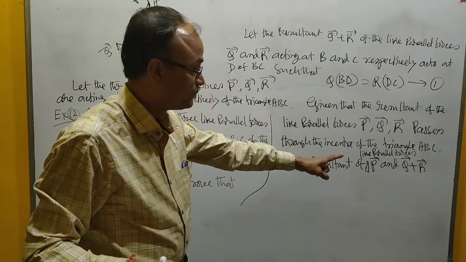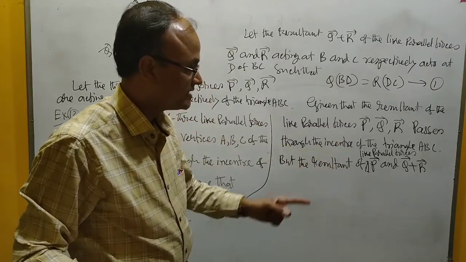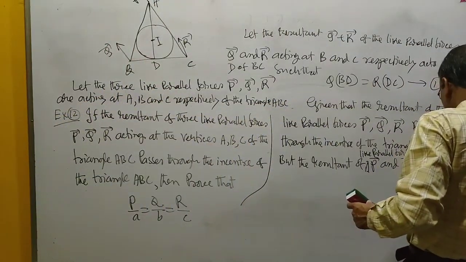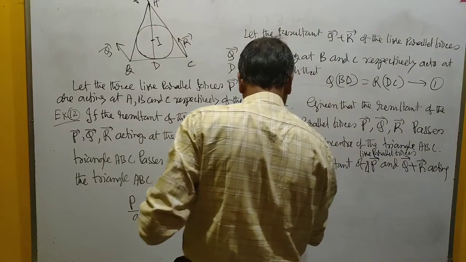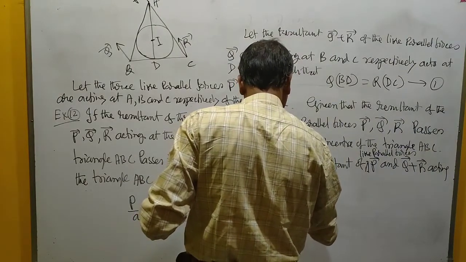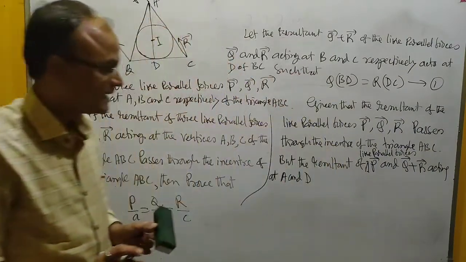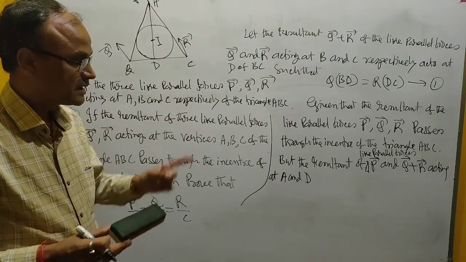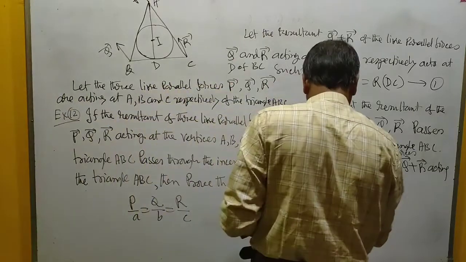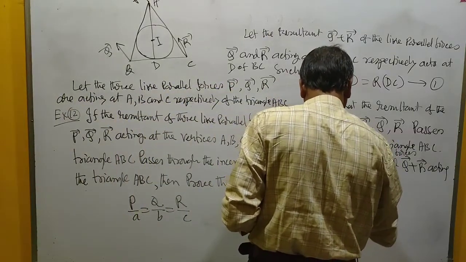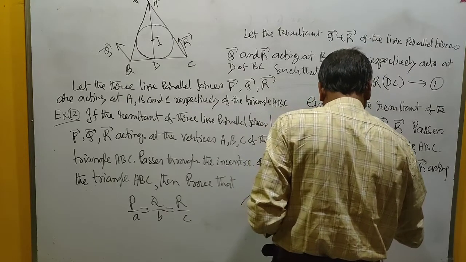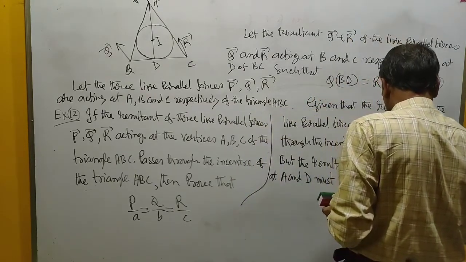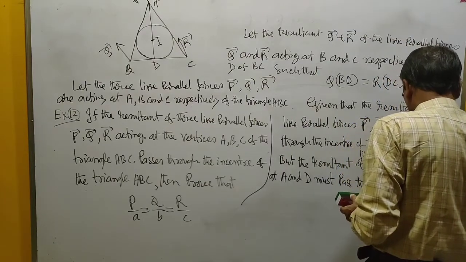But the resultant of like parallel forces P and Q plus R acting at A and D must pass through some point on AD.